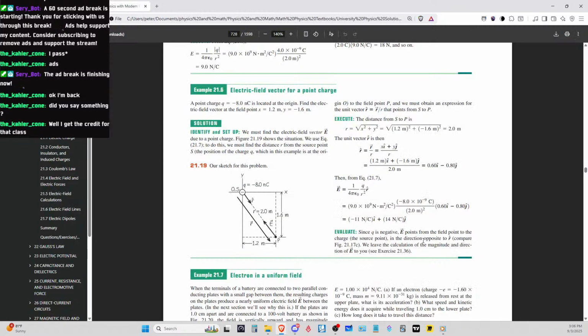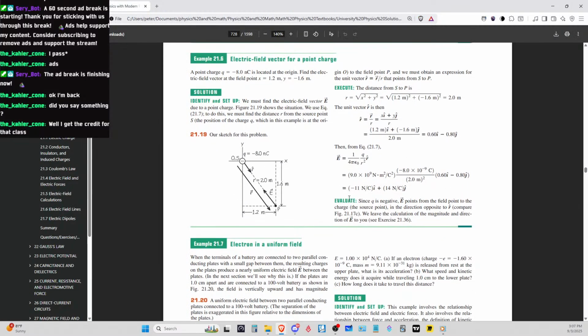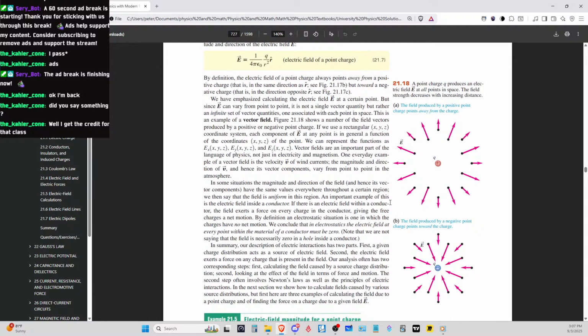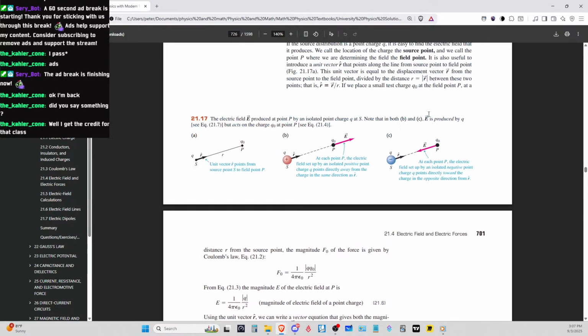So I want to read this so I can be very clear about it. Since Q is negative, the E points from the field point to the charge, in the direction opposite of R. Oh, here it is.